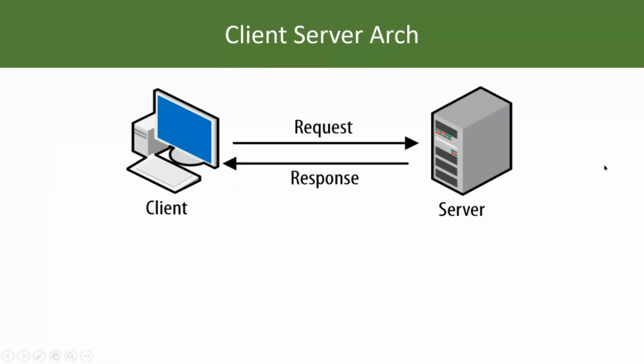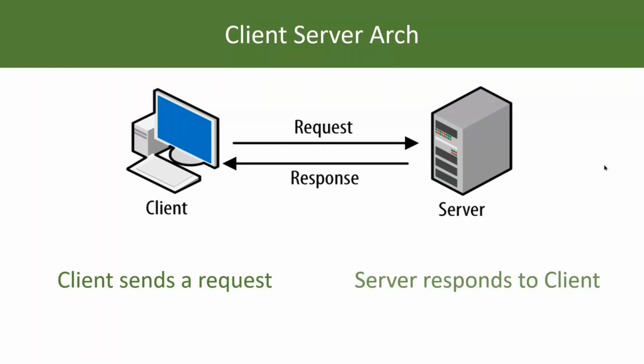Okay. Fine. So this is the client and server architecture. Here the client is referring to the end user, or let's say this machine, the machine I'm currently working with, and then the server is the host. How this client and server communicate is through request and response. A client sends a request to the server, and the server will respond to the client based on the request.